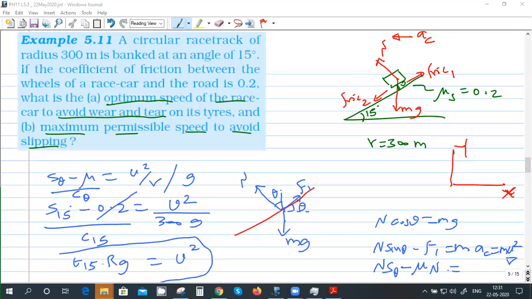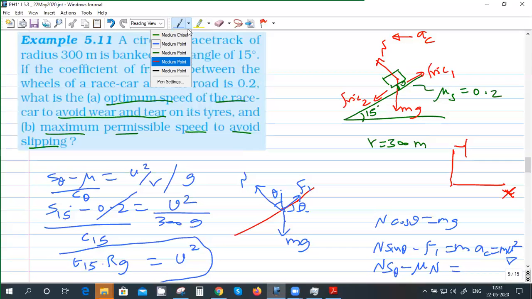So in this equation, you just put F1 equal to 0. From that you get v square as tan 15 into R into g. You just have to divide the first equation N cos theta by the second equation, so you get tan theta.